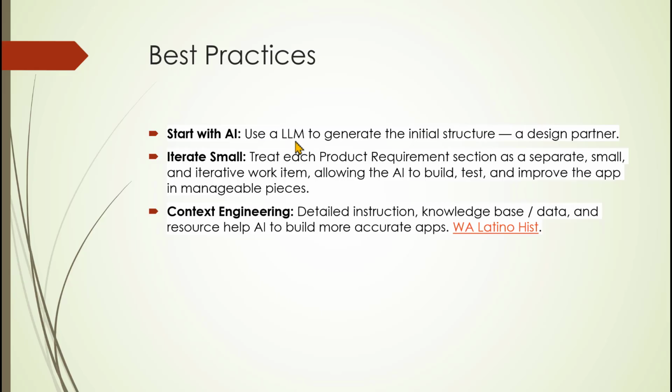Don't expect to come up with a very comprehensive prompt that will create a perfect application at once. Even if it may work, it's not the best way. So iterate in small steps and learn how the programming works. That's the key thing that I want you to take away.